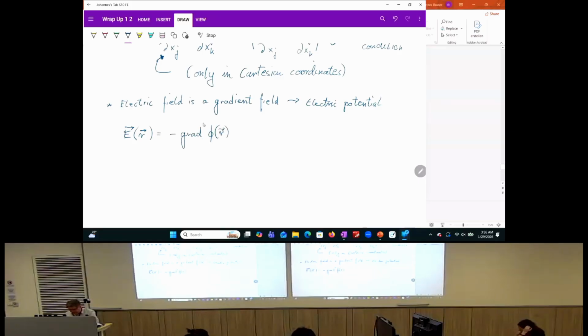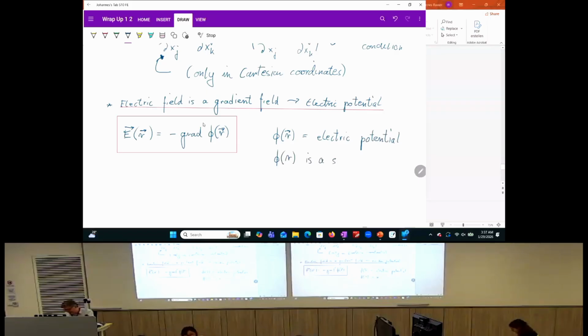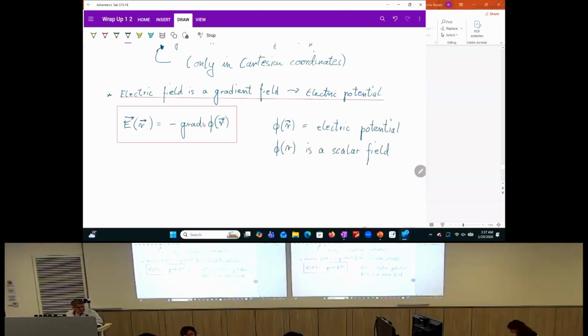Important, again, this potential is scalar. The phi of r that I've put here is the electric potential, and phi of r is a scalar field.